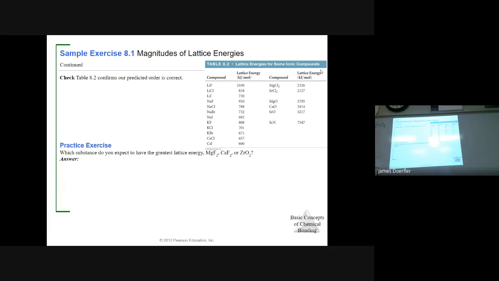Now comes the one where we got to kind of think. Okay? We have to think that ionic compounds are electrostatically neutral. So we have to use a little backdoor intelligence here.